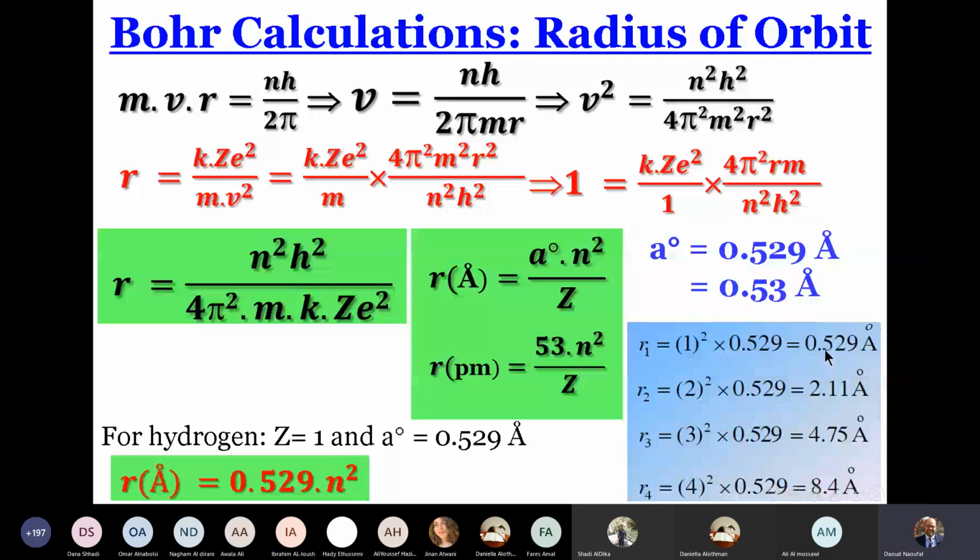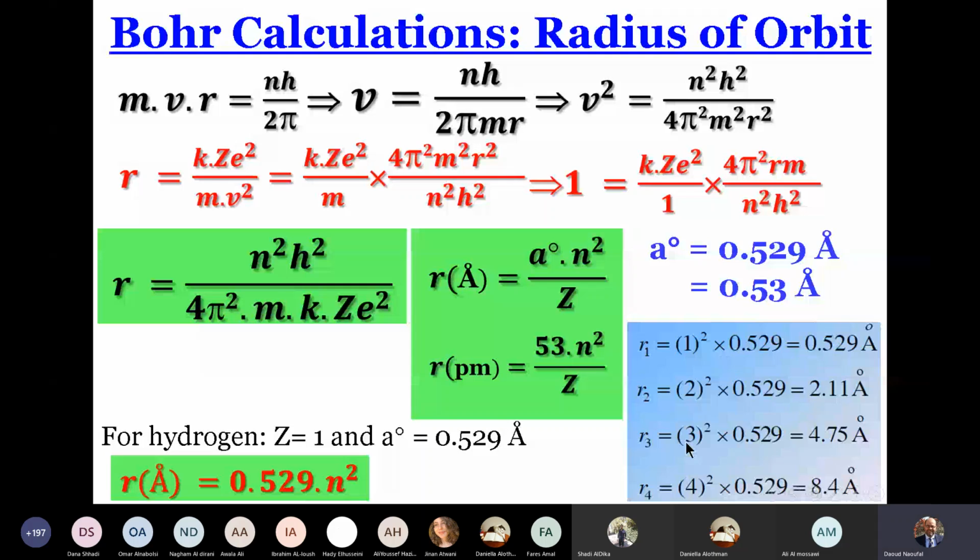Suppose the electron is at level 2, its distance from the nucleus is 2.11 angstrom. Suppose the electron is found on level 3, its distance from the nucleus is 4.75 angstrom. And likewise for R4, R5.